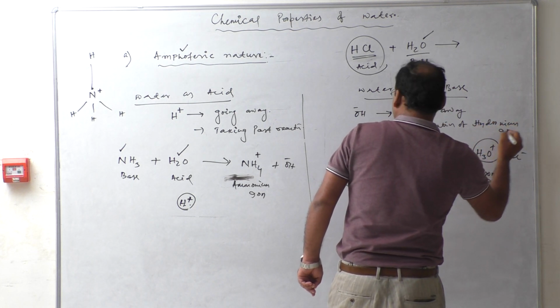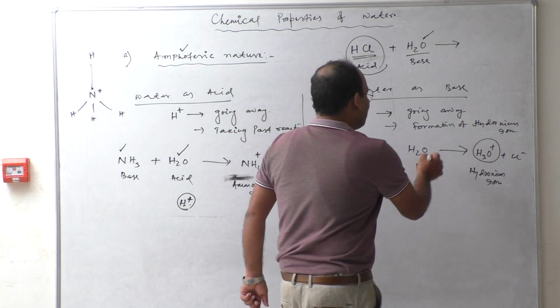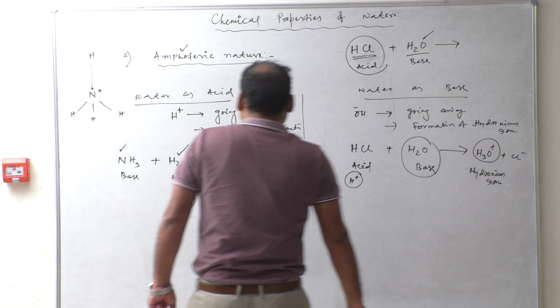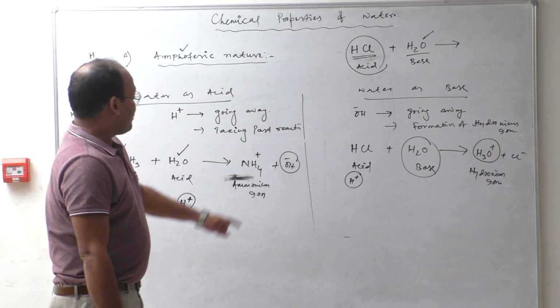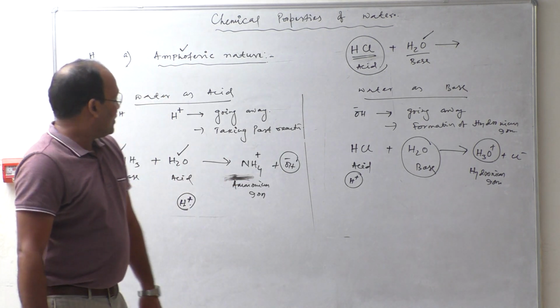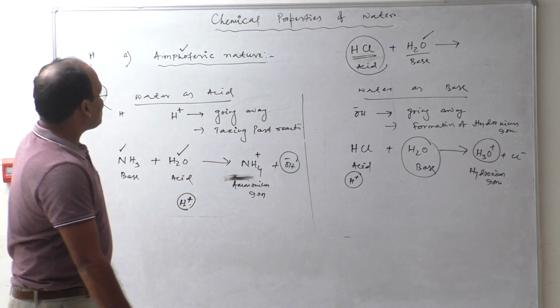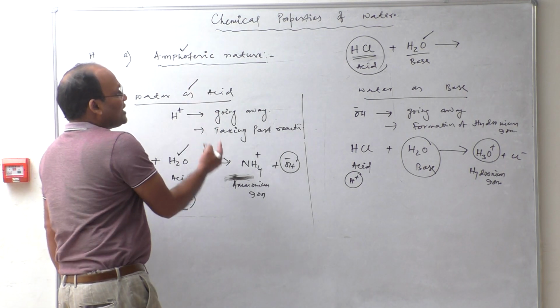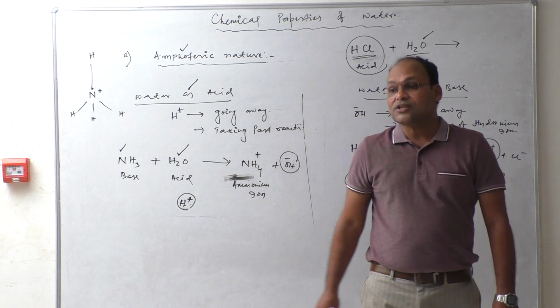If hydronium ion is formed, then water behaves like base. If OH minus is released here, that means water behaves as acid. So this is the common difference. That's why on the basis of the reactant species, we can determine whether water is a base or acid.